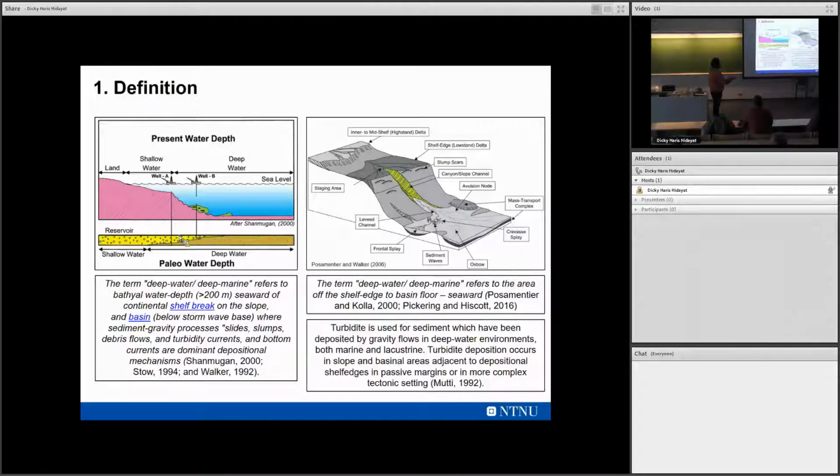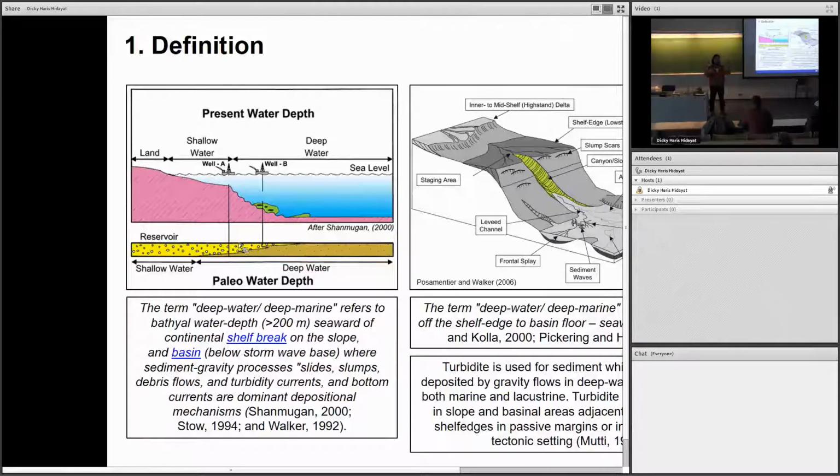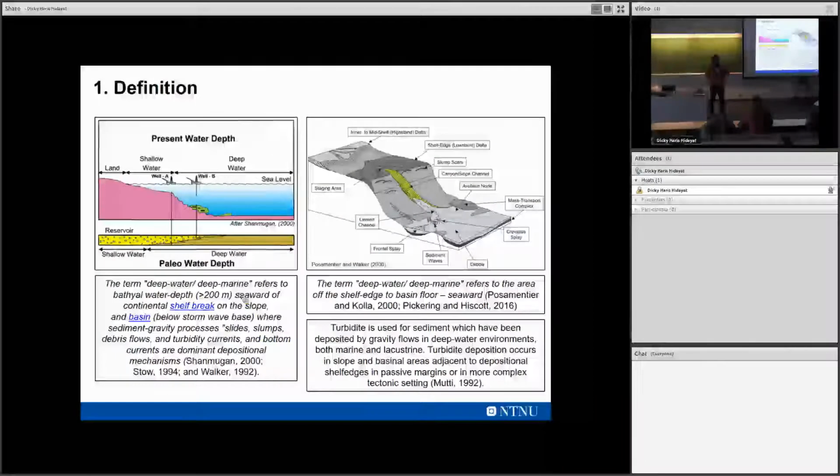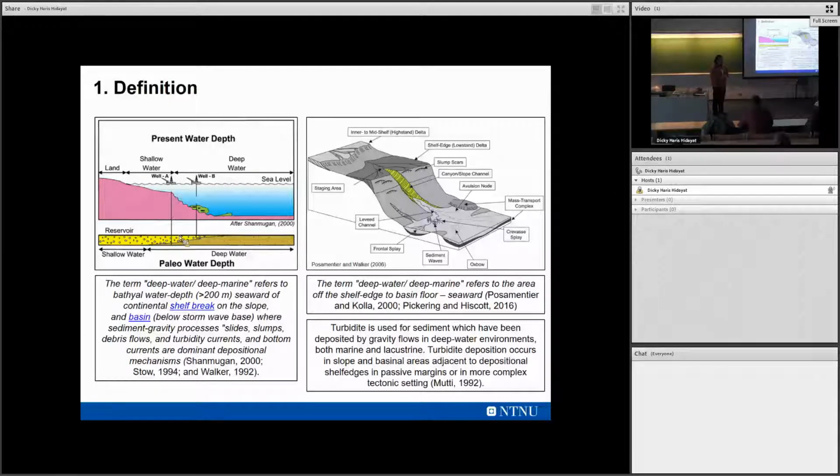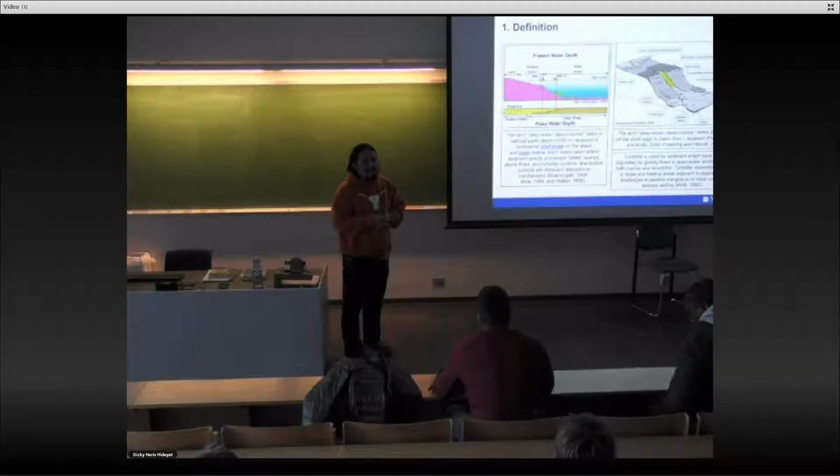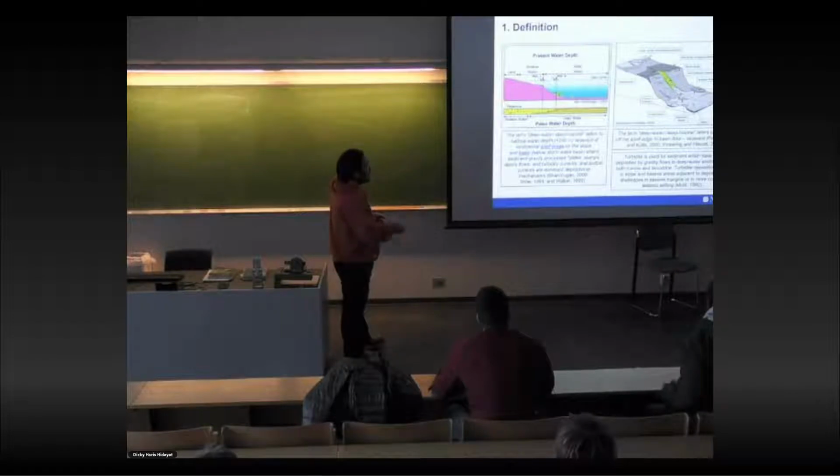This one defines deep water or deep marine by a quantitative number for the bathymetry, 200 meters. But it can be in the deep marine or in the lacustrine, because in a lake, for instance, if you reach below 200 meters, they also call it deep water. So they didn't define whether it is a marine or terrestrial environment. They just call it deep water, wherever you are, by 200 meters.